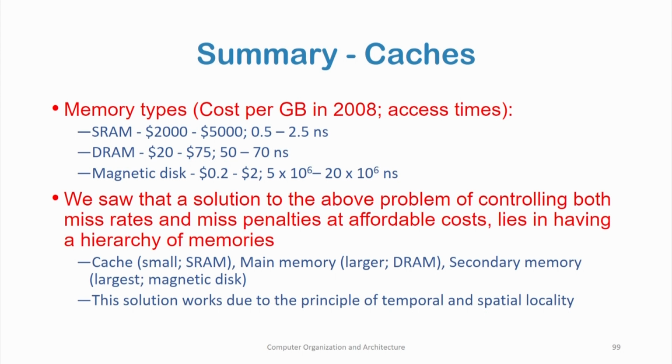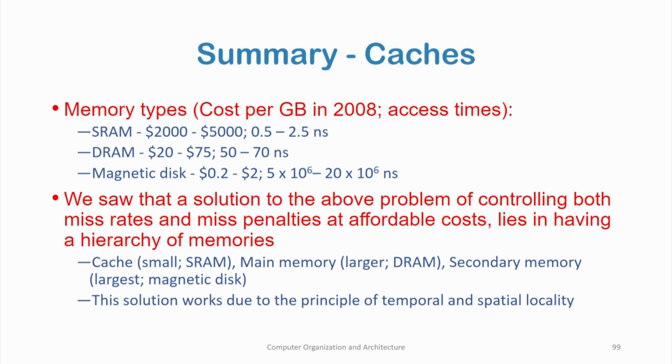We then saw that this hierarchical memory works because of the principle of temporal and spatial locality. The principle of temporal locality says that data items that are accessed currently have a high probability of being accessed in the near future.